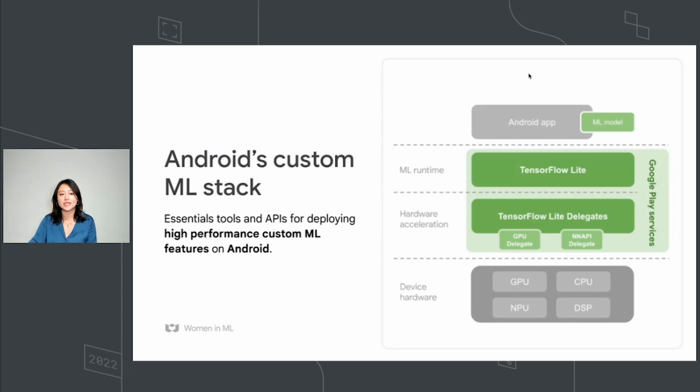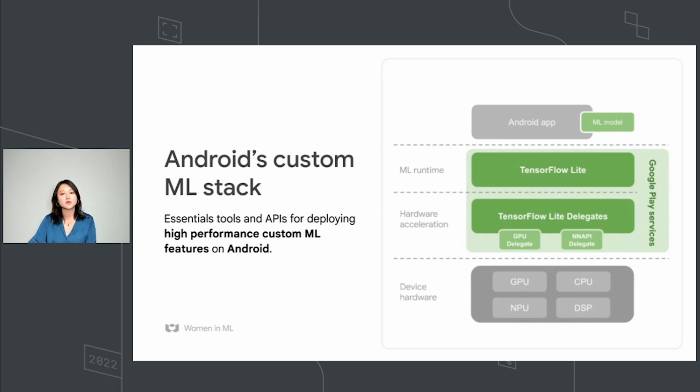So we want to provide a coherent platform to help you with that issue. We're building tooling to help you gain insight into whether your model will be compatible with the underlying system, so that you can focus on building the machine learning features and worry less about the production issues of these features. It is Google's opinionated way to run high-performance machine learning on Android.